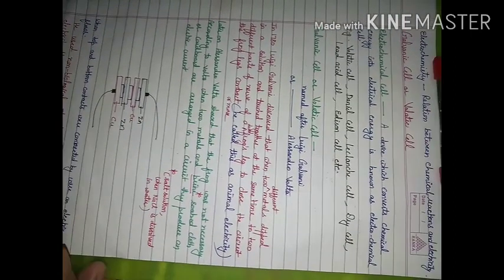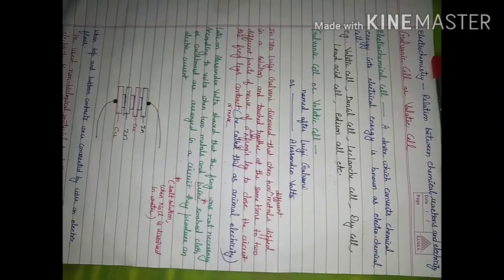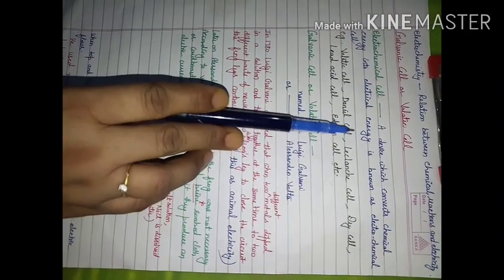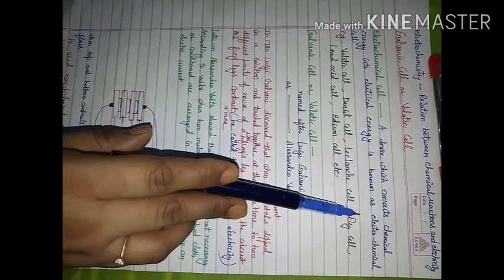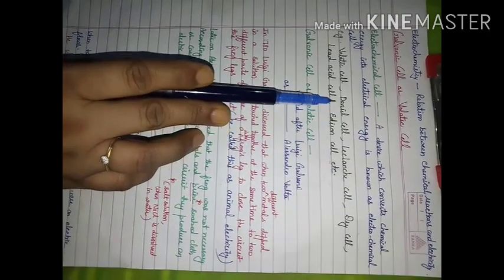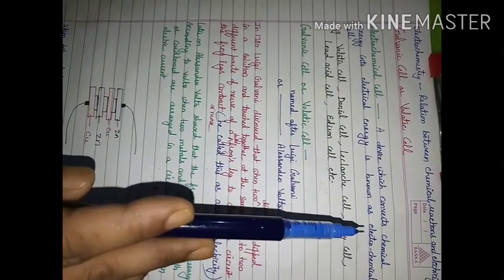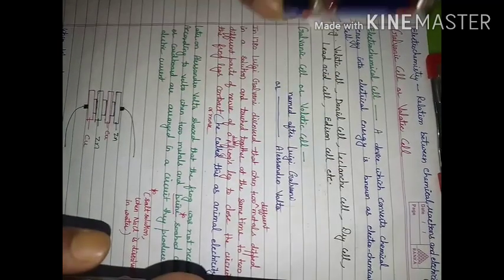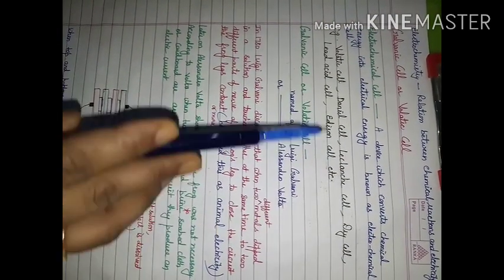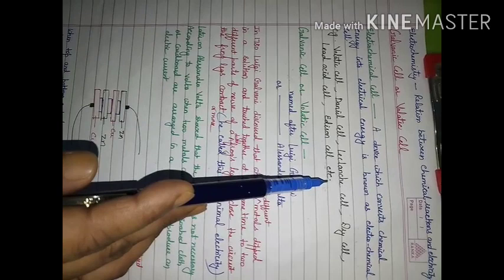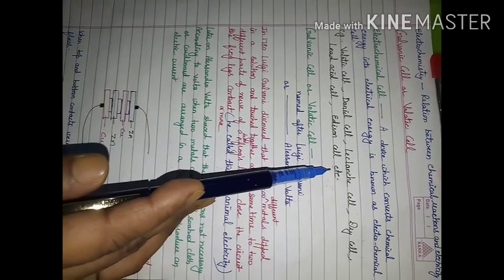An electrochemical cell is a device which converts chemical energy into electrical energy. Examples you can consider: voltaic cell, Daniell cell, this dry cell I have shown you, Leclanché cell, lead acid cell, and many more cells you are using in your inverter also.